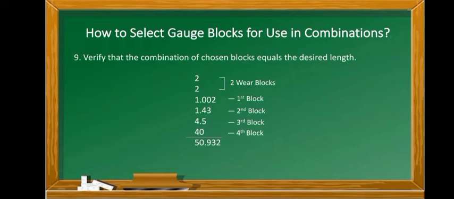So mao ni atong total length of desired combination, which means we have selected the correct blocks that will have a total length of 50.932 when combined.